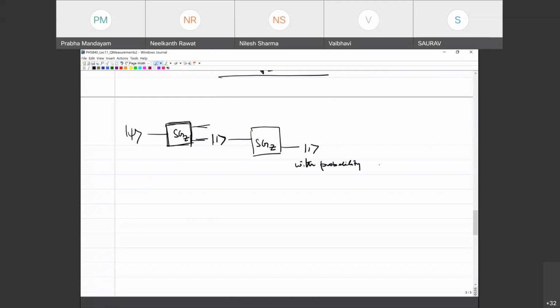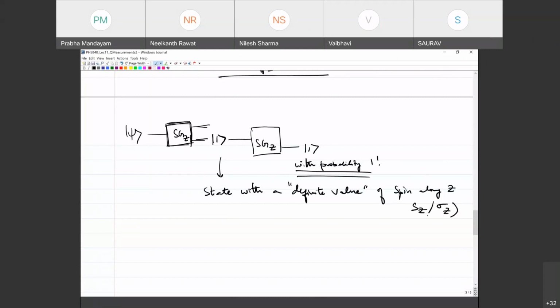So this is why we say ket1 is a state with a definite value of spin along z, or sz or sigma z or whatever you want to call it. But if you intersperse this with an x measurement, then you have destroyed this definiteness.